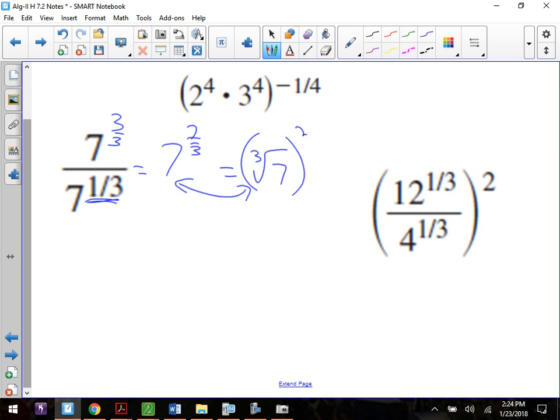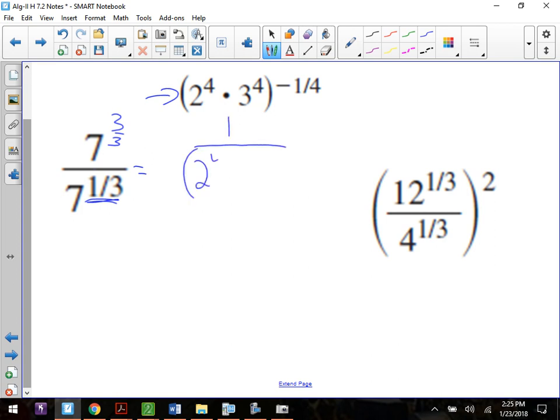So I have the numerator out of the way on this one. All that stuff isn't happy, is it? Since all that stuff is unhappy, I'm going to move all of that stuff to a denominator. I get 1 over 2 to the 4th, 3 to the 4th, all to the 4th.